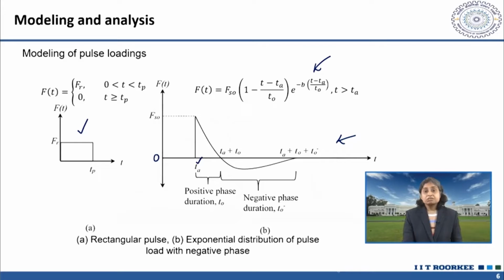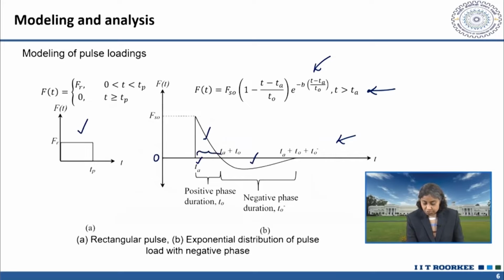And then because of the blast, it will have positive as well as negative phase, which is modeled using the Friedlander equation, given by the equation on this slide. Let us understand what these terms are.